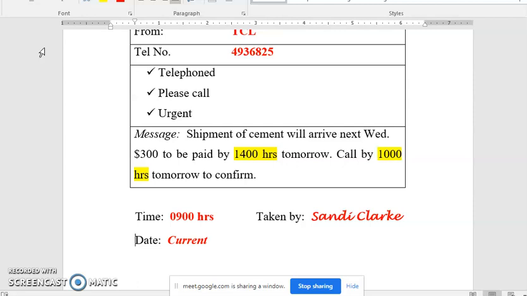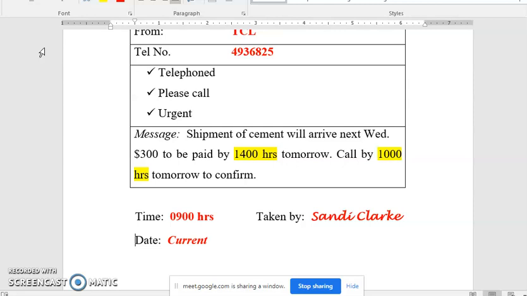Now the written message is delivered to the person's desk so that he or she will see it as soon as they return. Following up on the message, you, as the receptionist, have an obligation to follow up with the person to ensure that the message was indeed received by him. If the message was a verbal one, you pass it on as soon as possible.